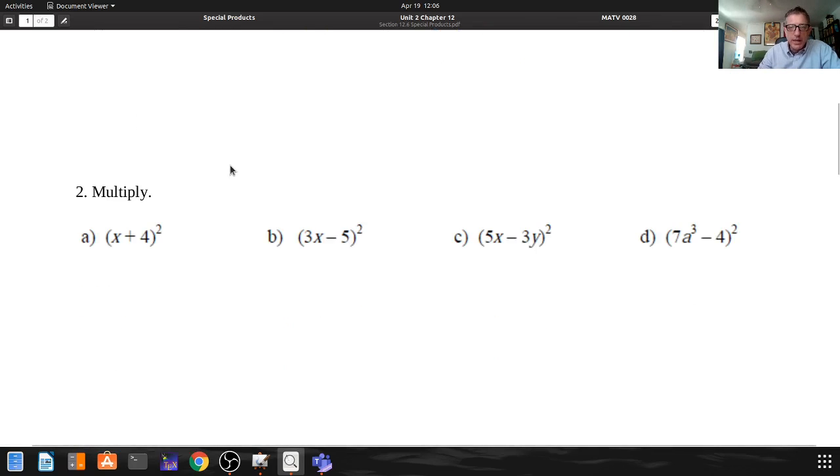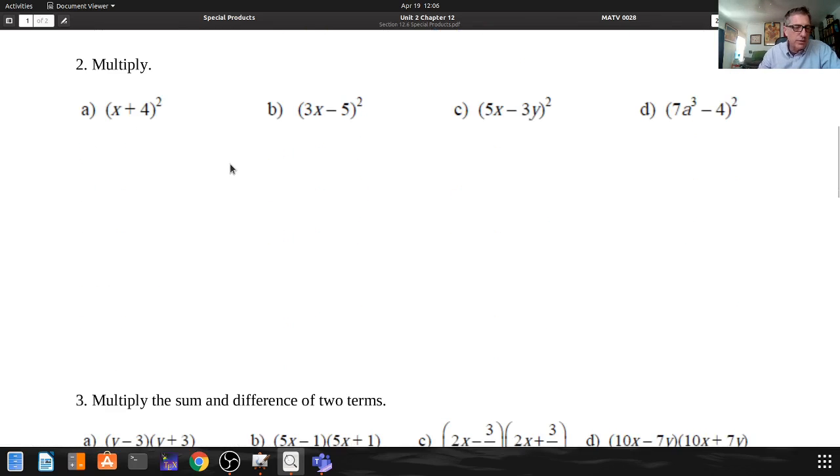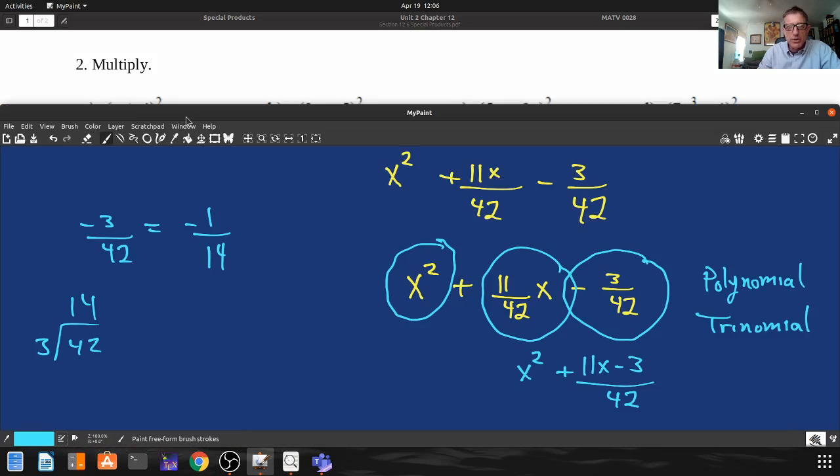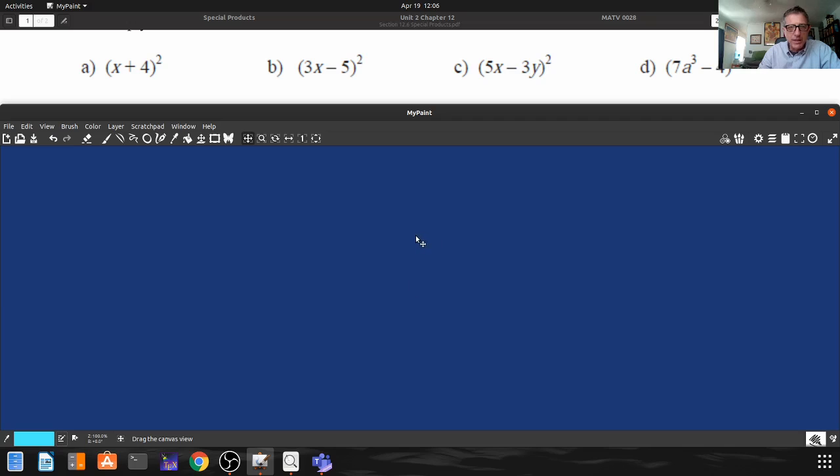So here are the special products. So basically the first exercise was just teaching you how to use the FOIL method. And the FOIL method is optional. Now what I'm going to teach you next, well, it's sort of optional, but I want you to really learn this. It's so important that we really emphasize doing it.